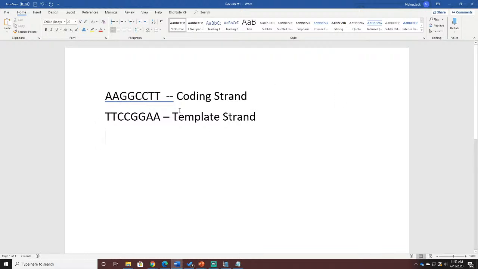If we're going to peel apart these 2 DNA strands and we're going to expose the template strand and we start copying it, the mRNA copy is going to look like AAGGCCUU. Okay.